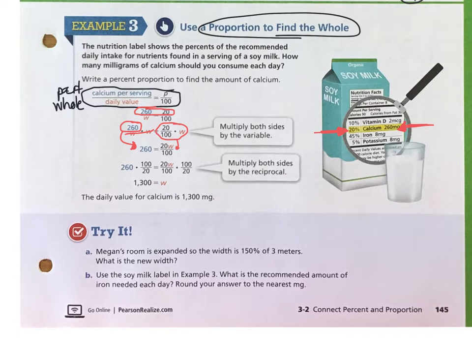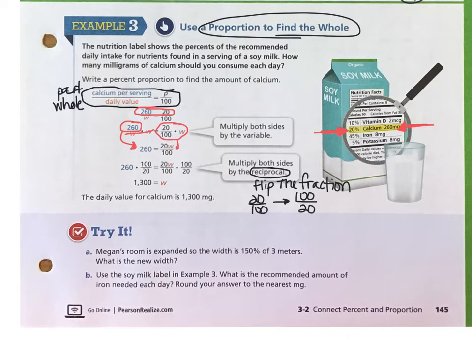Well, in order to do that, we have to use what we call reciprocals. Now, you may remember this from 6th grade. You're going to flip the fraction over. So a fraction of 20 over 100 gets flipped to be 100 over 20.